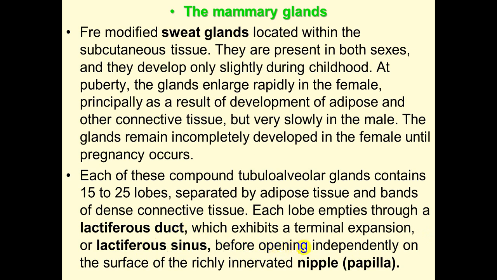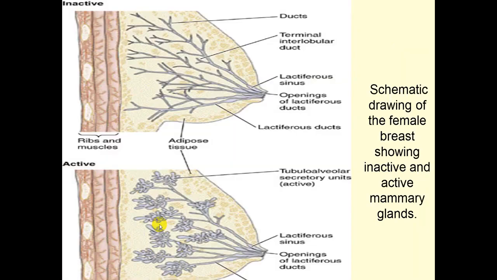The lactiferous sinus opens independently on the surface of the richly innervated nipple papilla. We can see only 15 to 25 lobes in such a mammary gland. And between these lactiferous ducts and sinus, we can find a lot of adipose tissue, fat storing cells, and bands of dense connective tissue.